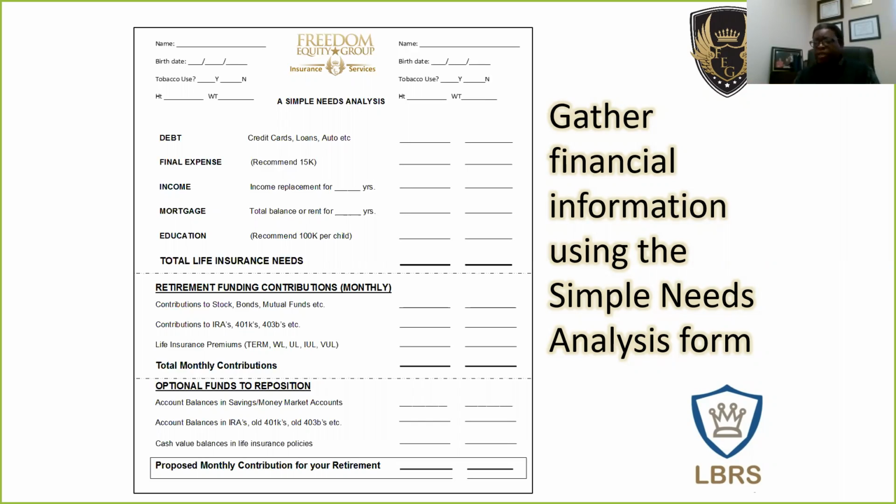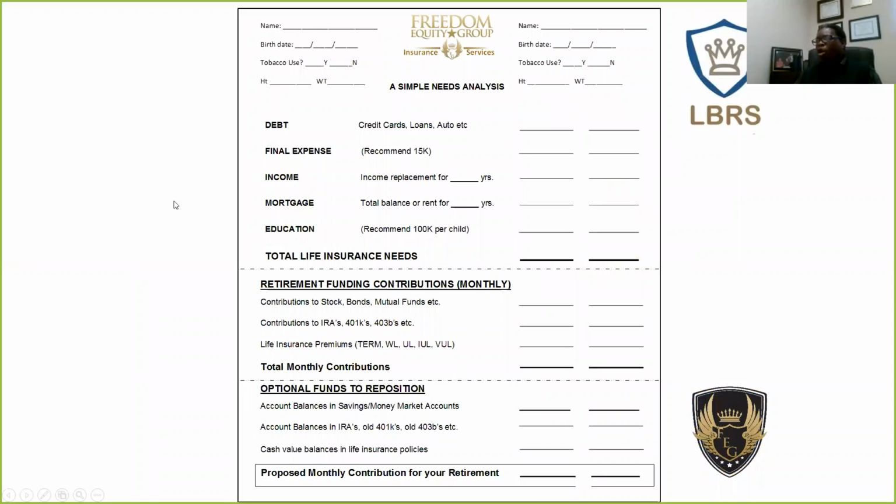And so you've seen this form because your agent, your trainer filled this out for you, but we're just going to go through and just reemphasize some of the things that they probably already talked about. And so what you want to do first is you want to fill out the person's name. We usually do the husband on the left and the wife on the right. If it's just a single person, of course, you would just use one side.